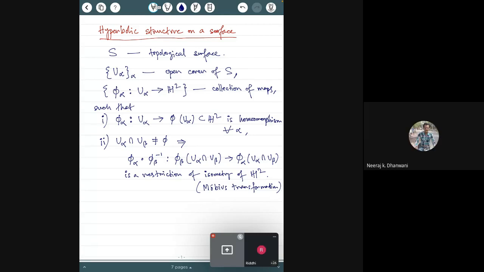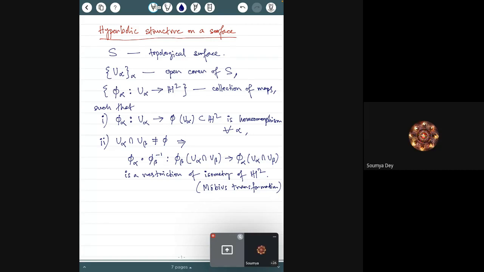It may not exist for every surface. For example, on a sphere there is no hyperbolic structure. That was my doubt.